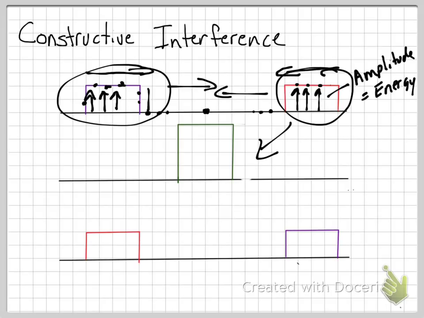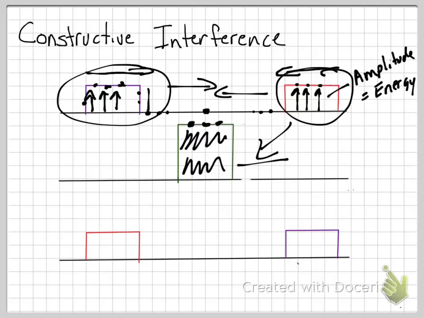And at that moment in time when they completely overlap, you're going to have 2 by 4 for the red, 2 by 4 for the purple added together. They're going to be summed. And so the particles are going to stretch further away from the axis than they were in their individual waves. And this would be referred to as constructive interference.